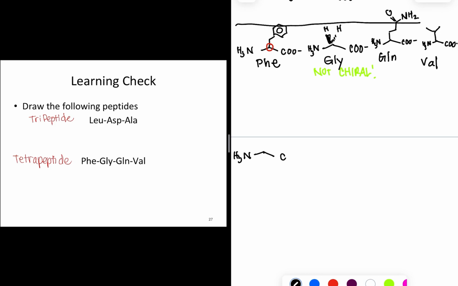Here's my carbonyl. Let me just erase that and make it a line bond. There we go. This is my nitrogen. So again, first amino acid, second amino acid, glycine, a very simple one. Oops, draw that as a line bond. There we go. So there's glycine, and now I'm going to attach that to glutamine.